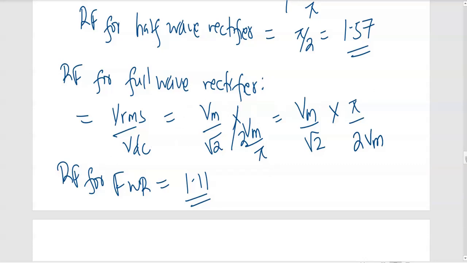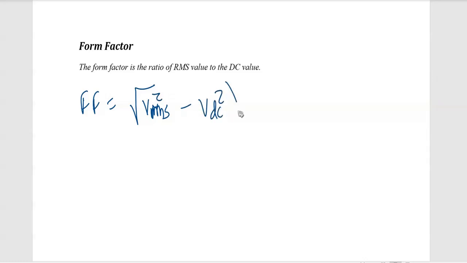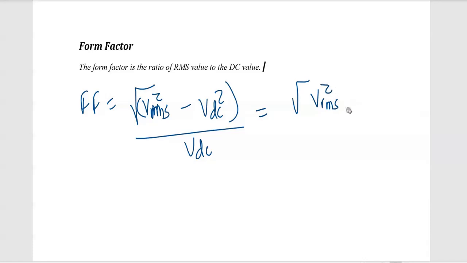So that's where the 1.11 comes from for the ripple factor of a full wave rectifier. Let's look at the form factor. The form factor is also a ratio of the RMS value to the DC value, but this is how we calculate it. Form factor is equal to the square root of VRMS squared minus VDC squared, everything divided by VDC. So this becomes the square root of VRMS squared minus VDC squared, divided by VDC squared.